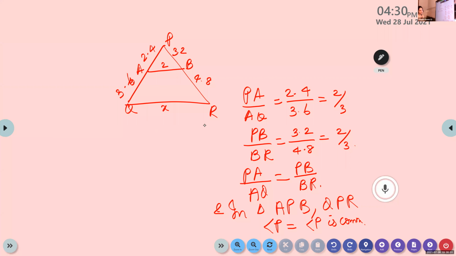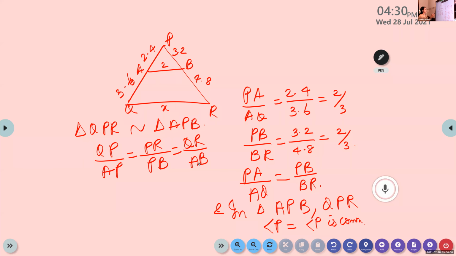They are similar. Their corresponding sides are proportional and the included angle is common. Therefore, by SAS criteria, they are similar. Therefore, QP by AP is equal to PR by PB is equal to QR by AB. Now apply the values, you will get the answer.